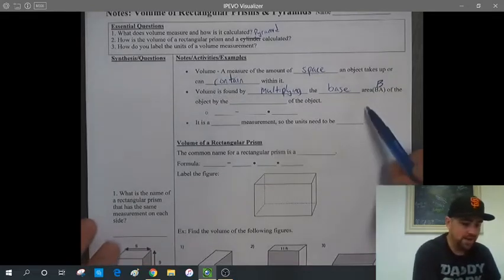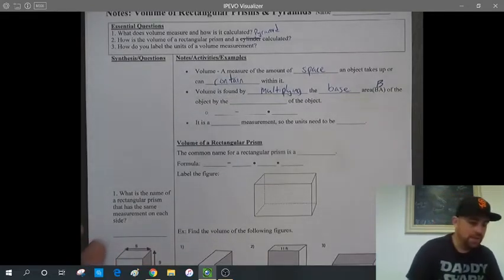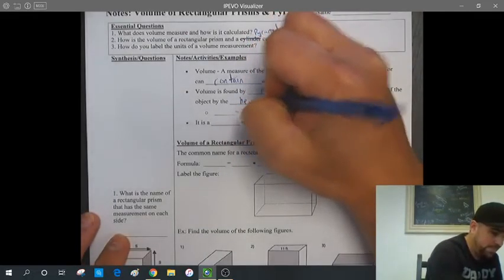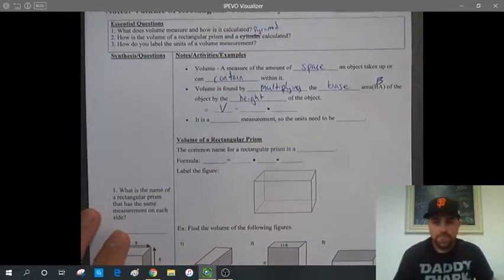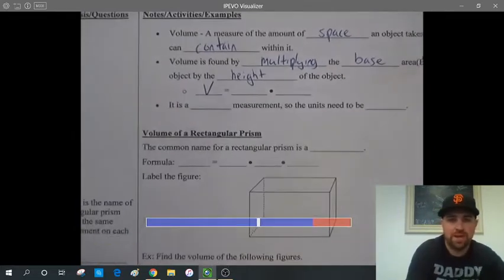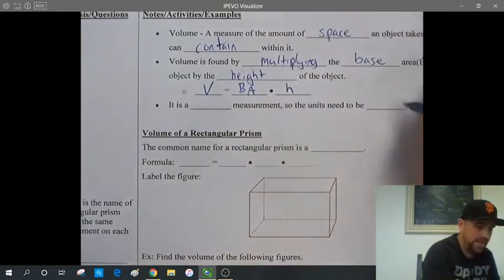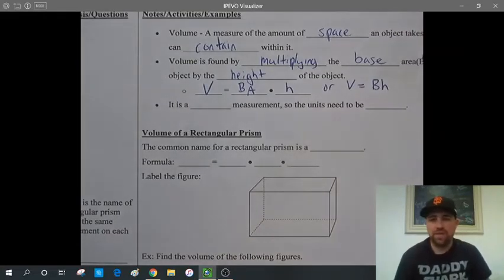So it's the base area, so whatever the base of the object is, the area of that, we're multiplying by the height of the object. And so in a general sense, for the volume of any figure, we're going to be multiplying base area times height, or again, sometimes base area is just capital B, and so you might see it as just base area times height like that.